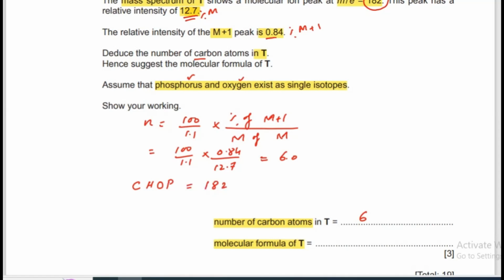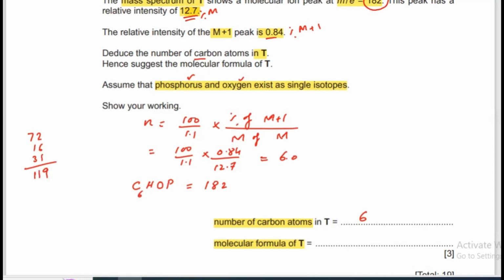Now there are six carbon atoms, one oxygen atom, because phosphorus and oxygen exist as a single isotope, so one oxygen atom and one phosphorus atom. So the share of the carbon atoms is 12 times 6 is 72, plus 16 plus 31.